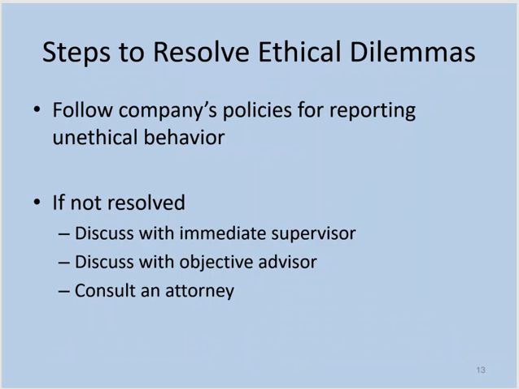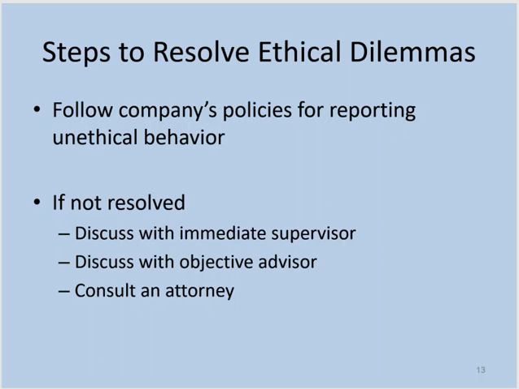Now, if management accountants do encounter some unethical behavior, there are a series of procedures that the accountant should follow, or consider the following steps. So they should discuss the unethical situation with their immediate supervisor unless their supervisor is involved in the unethical situation. If so, then they should go to the next managerial level higher.